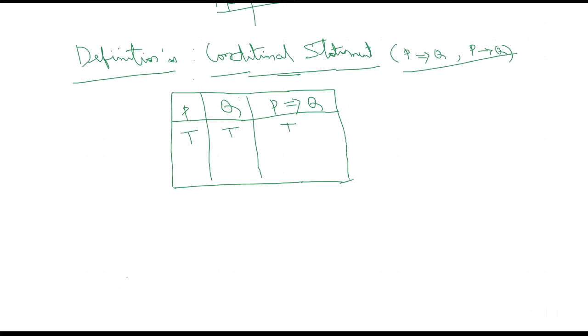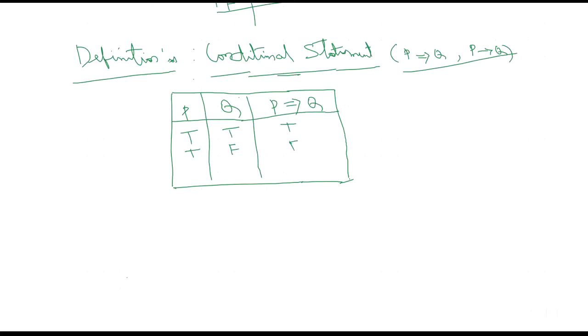Suppose P is true, Q is false: P implies Q is false.